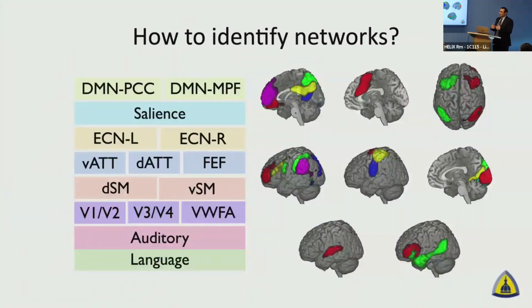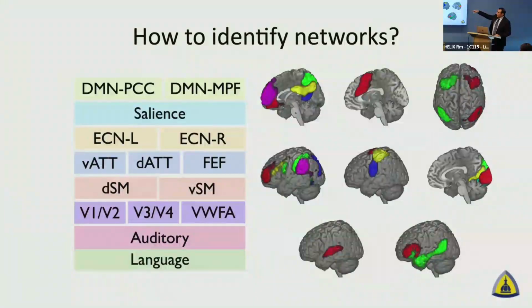When you separate that out, the second division becomes an internal network and an external network. The internal network being like the default mode network and the salience network, although salience is kind of mixed. And the external network being like the attention network and motor network and all that kind of stuff, right? And when you break that down even further, you get into motor versus attention and so on.